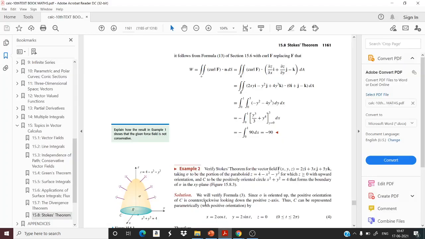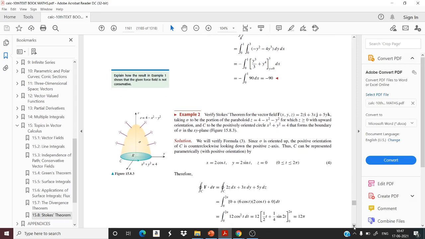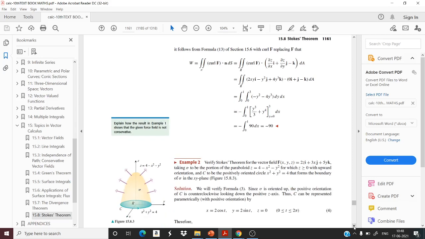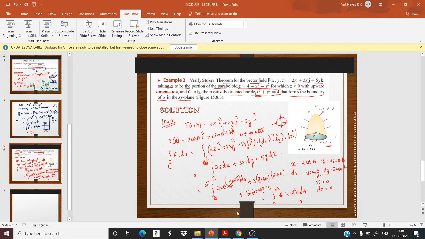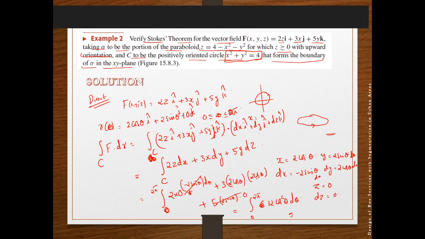The integral of 12 cos square theta d theta is 12 pi. The answer is 12 pi. So you will get the answer 12 pi.